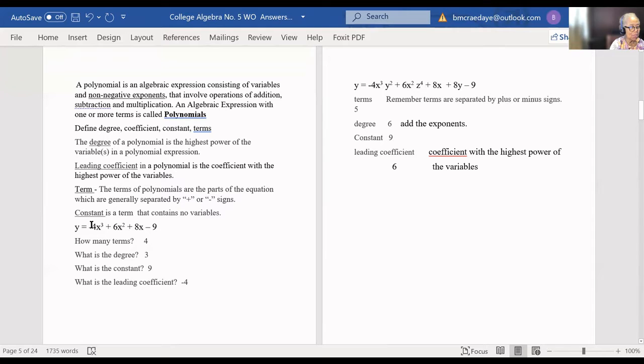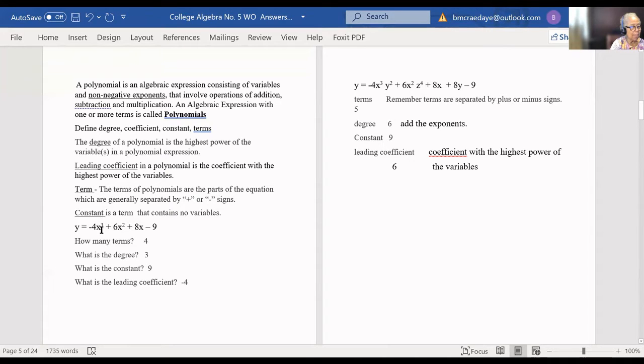How many terms? Look at your plus, plus, minus. So what is separated by these signs? The minus 4x to the third, the 6x to the second, the 8x, and the 9. 1, 2, 3, 4. 4 terms. What is the degree?